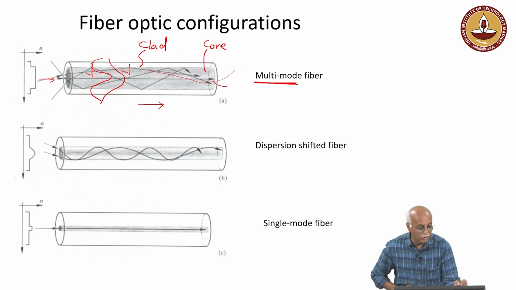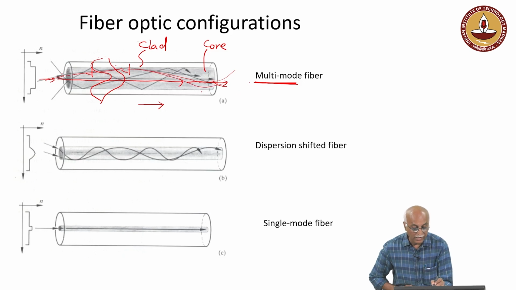The center part through which the light is travelling will take the least time to travel through, while some other light rays will take a little longer. That means if my input, on a temporal time scale, is a single pulse, what I will see here is pulse broadening.